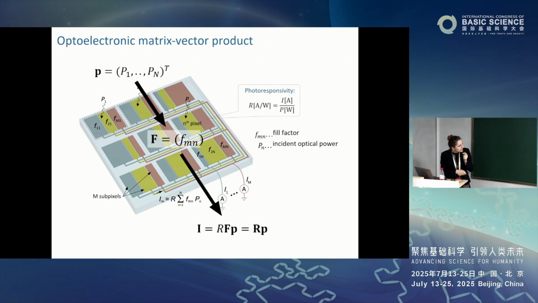So you can either manipulate the R vector by applying some gate voltage, or you can just change the fill factor, which is basically the ratio of real power produced by the cell. For example, you can manipulate the size of different pixels, and then you have different fill factors, and it will change your current. So you can either manipulate the R vector or the size of a cell, and this is how you get different weights for your neural network.